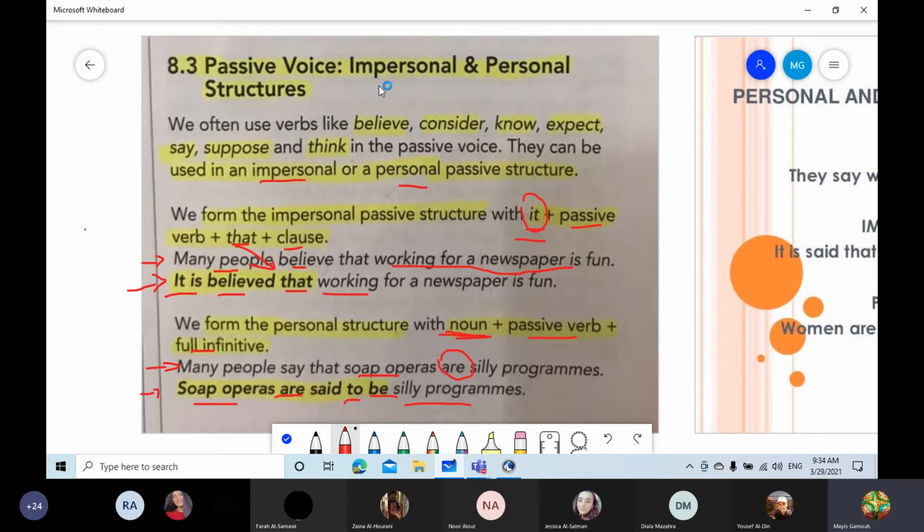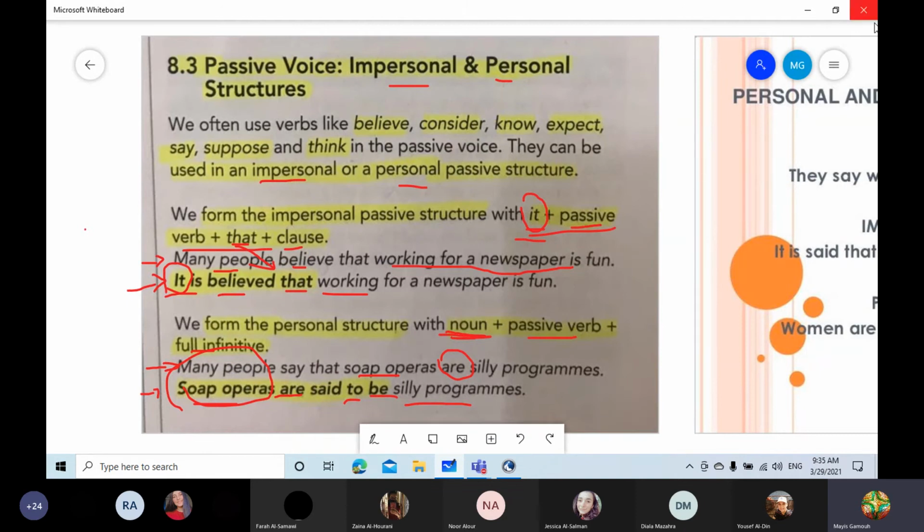You have to understand that with the impersonal, we are using intransitive verbs, أفعال لازمة, and with the personal, we use transitive verbs. In the impersonal passive, I have to start with it, and with the personal, I have to start with my object and have it as my subject. Here, in our case, it was soap operas, and then I will continue the structure.